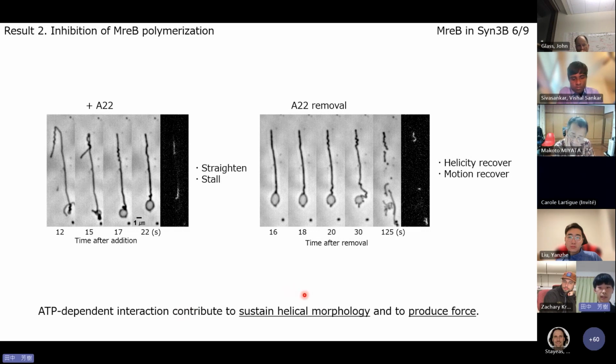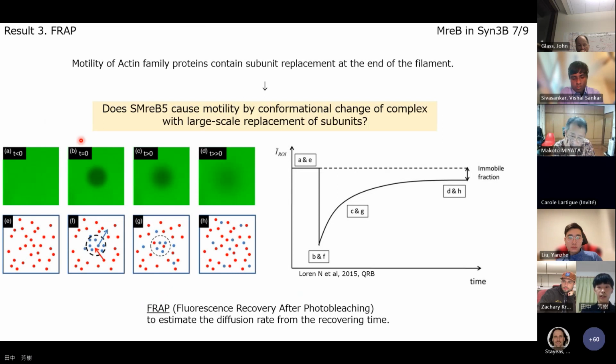So the next question is, what exactly is this interaction? As for the motility mechanism of proteins belonging to the actin family, it is famous that they polymerize at one end and depolymerize at the other end, for example, treadmilling. In order to investigate whether this motility mechanism involves large-scale replacement of subunits, I did observations using fluorescence recovery after photobleaching, which is called FRAP.